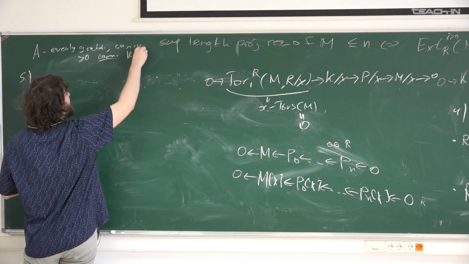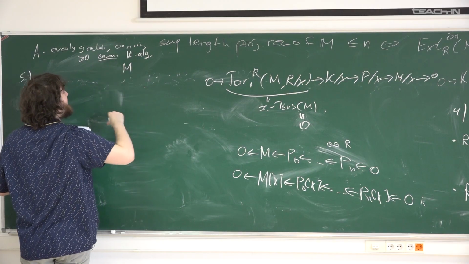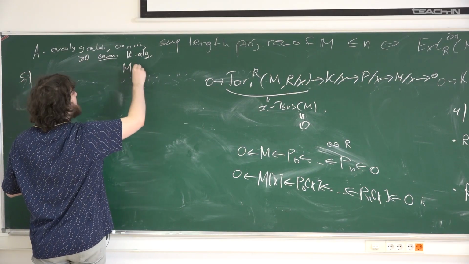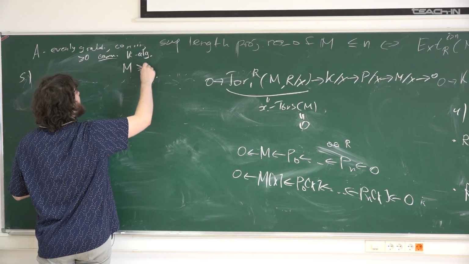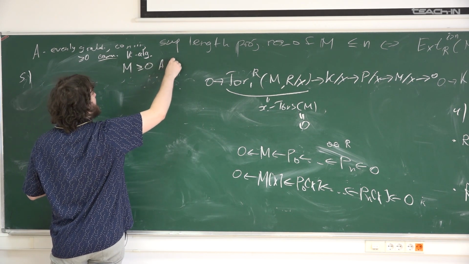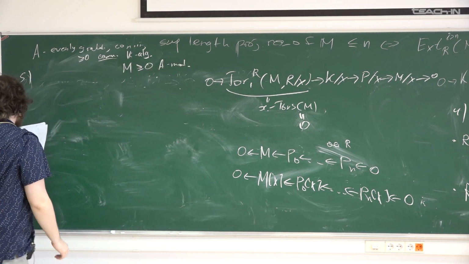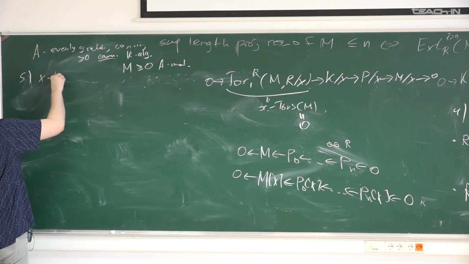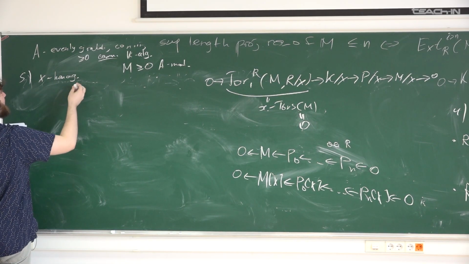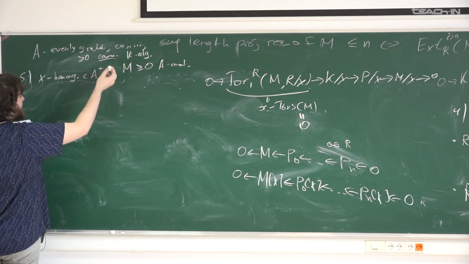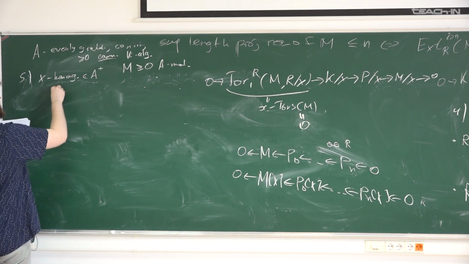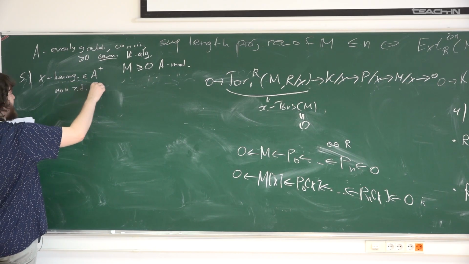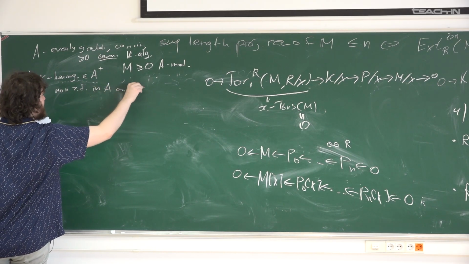M is a non-negatively graded A-module. And now X is some homogeneous element of positive degree, a non-zero divisor in A and M.